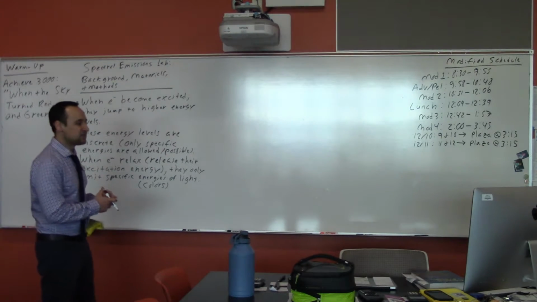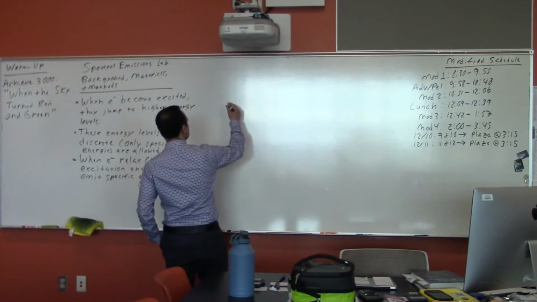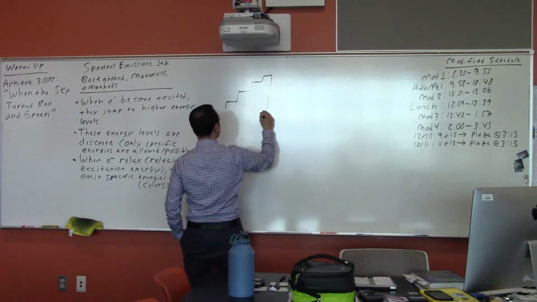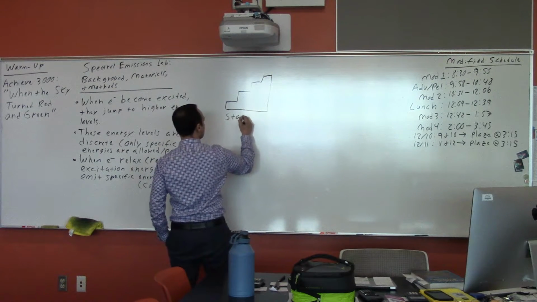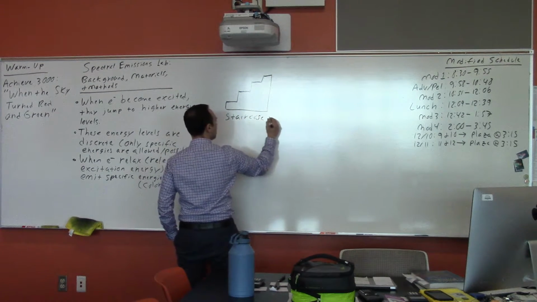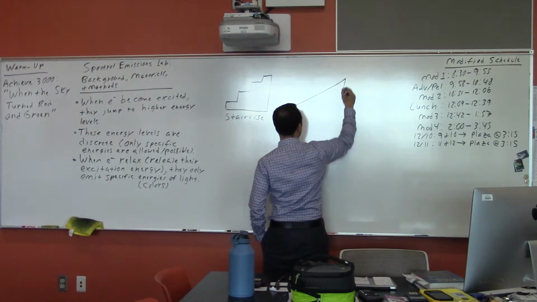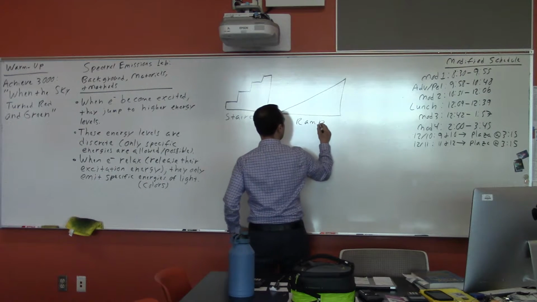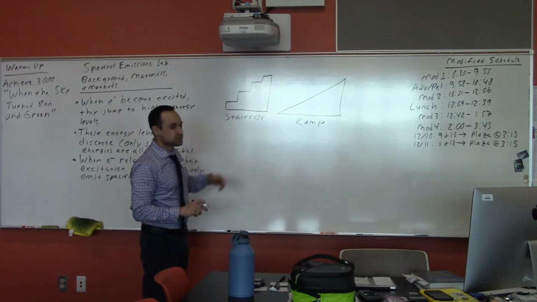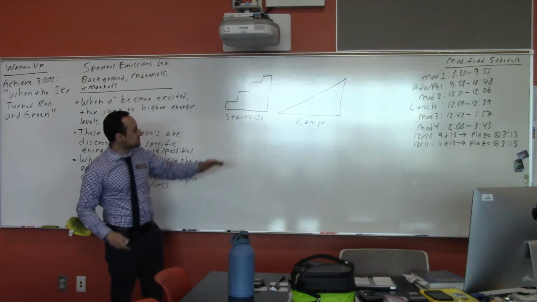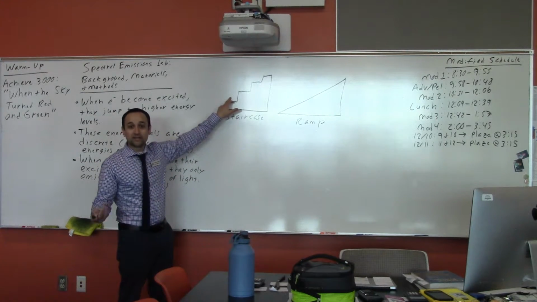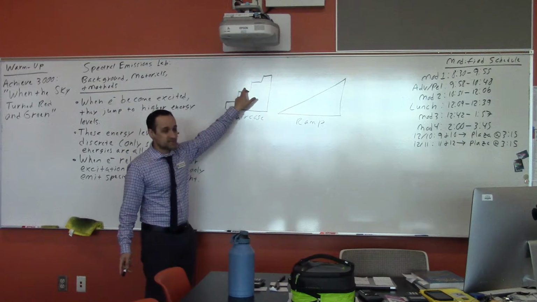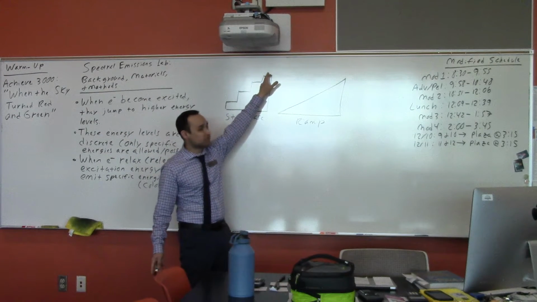And a good analogy is this one, right? So you've got a staircase, and you've got a ramp, okay? Energetically, electrons exist on a type of energetic staircase. You can be on the first step, or the second step, or the third step, or even the fourth step.